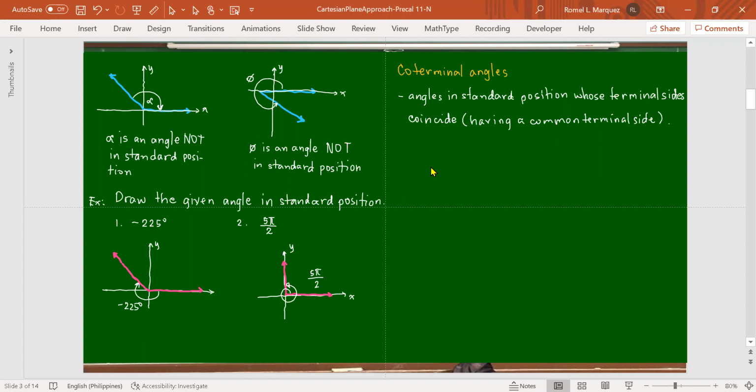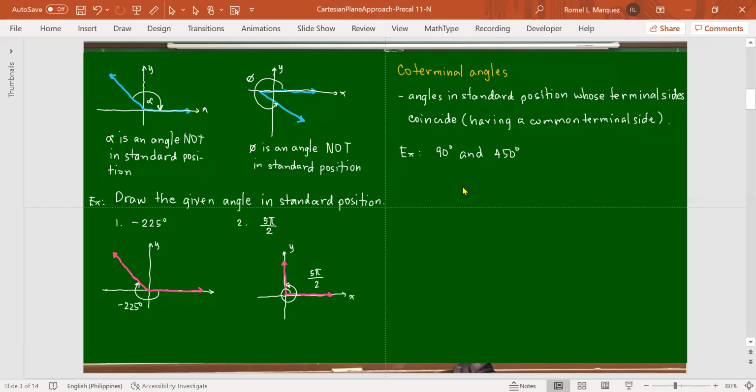So one example, we have 90 degrees, which is an example of a coterminal angle with 450 degrees.